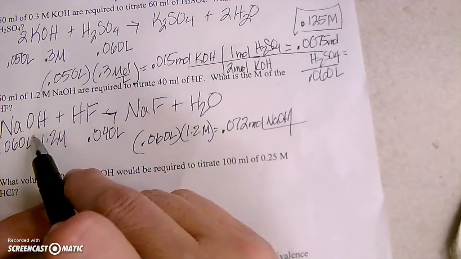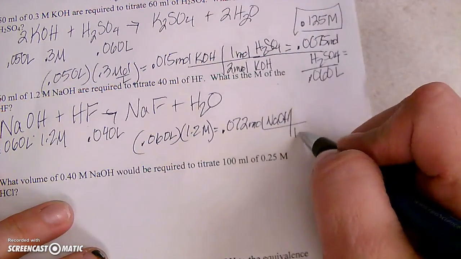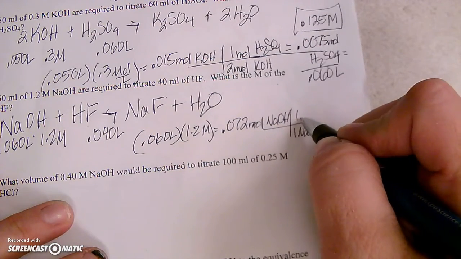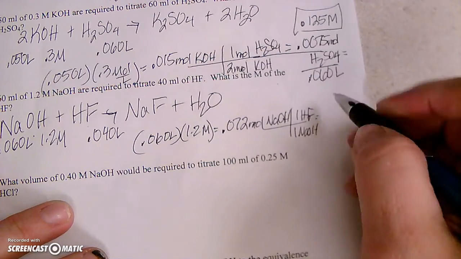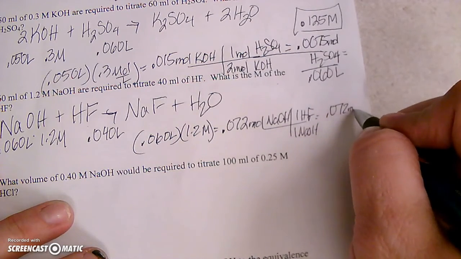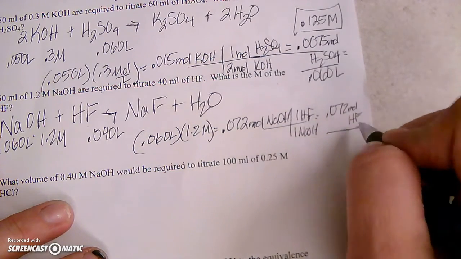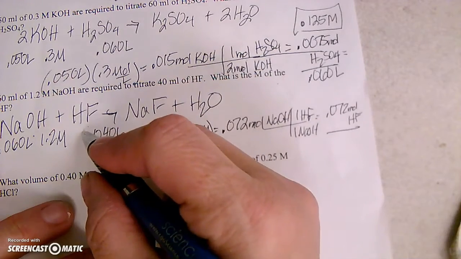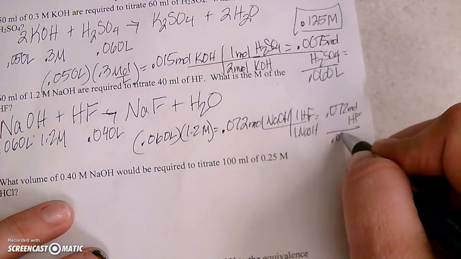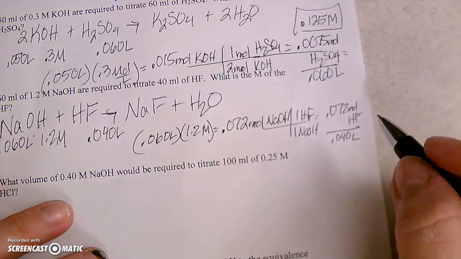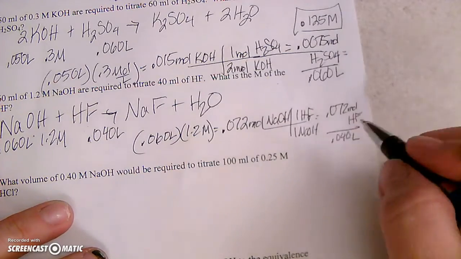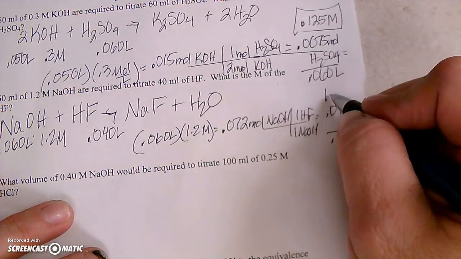My ratio of sodium hydroxide to hydrofluoric acid is 1-to-1, and I had 0.040 liters, so that will give me a molarity of 1.8.